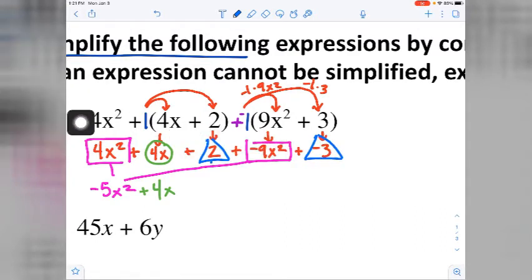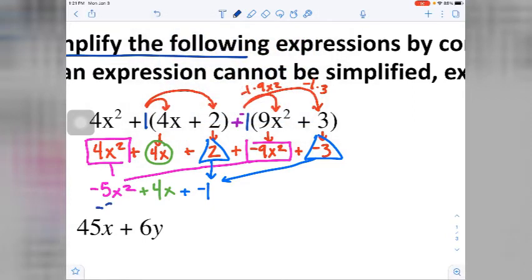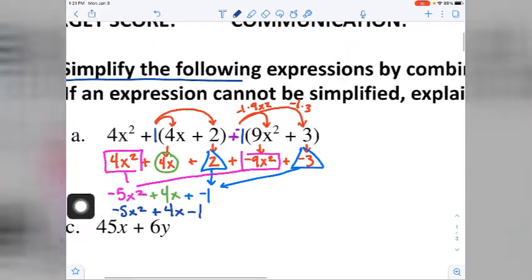So when I do 2 plus negative 3, I get negative 1, so this is just going to be plus negative 1. It would have also been correct if you would have written negative 5x squared plus 4x minus 1. That's also true. And if you switched these orders around at all, then you still got it correct.